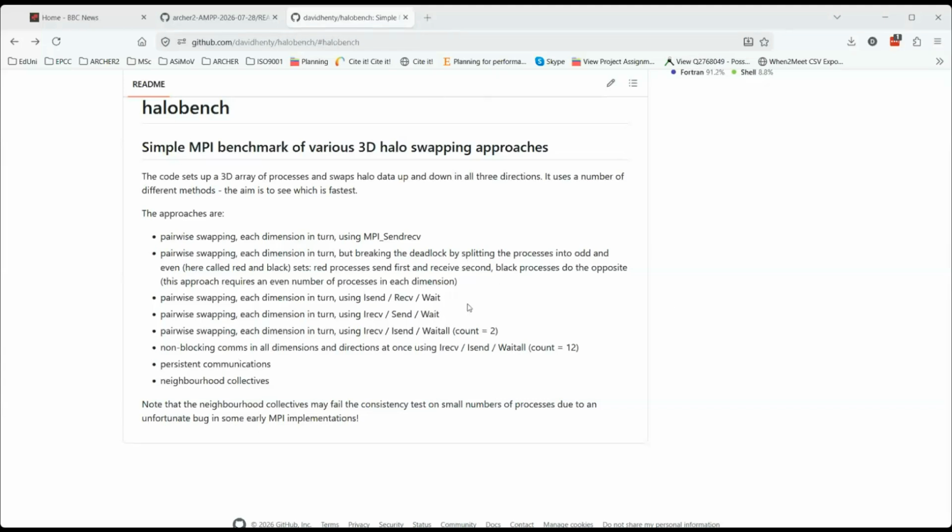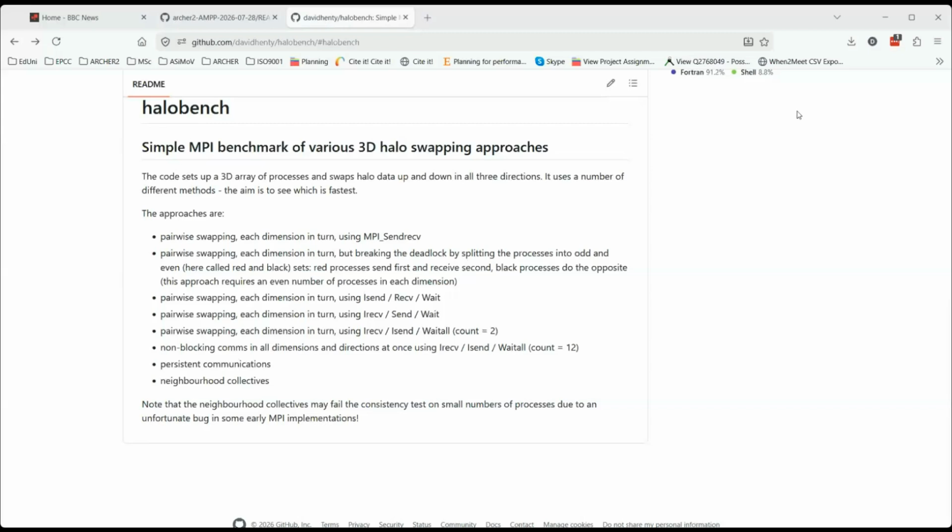The one thing I would say is that the code does the whole benchmark 3 times. The reason is we found that certain MPI routines do a bit of setup the first time you call them, so I was getting inconsistent results.